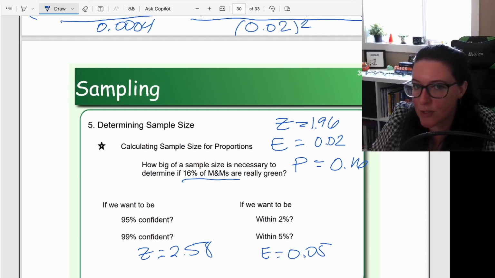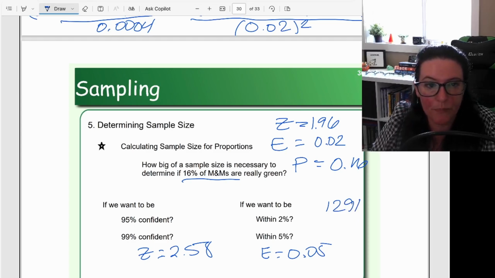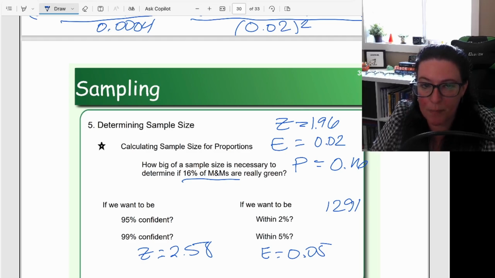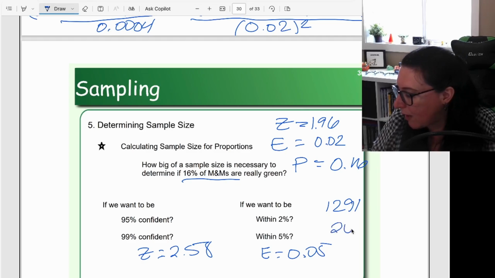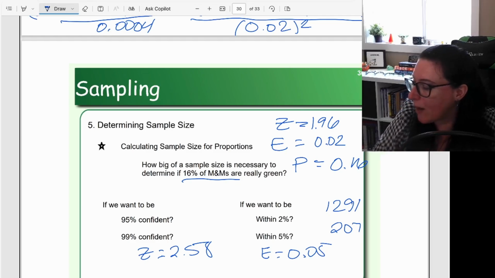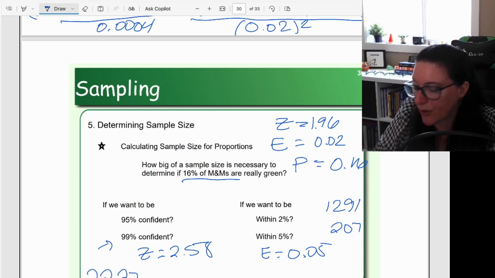If you do that, you end up with a sample size of about 1291. If you repeat the 95% confident but do it with the 5%, you end up with a sample size of 207. If we're trying to go 99% confident and we're willing to be within 2%, then we need 2,237.